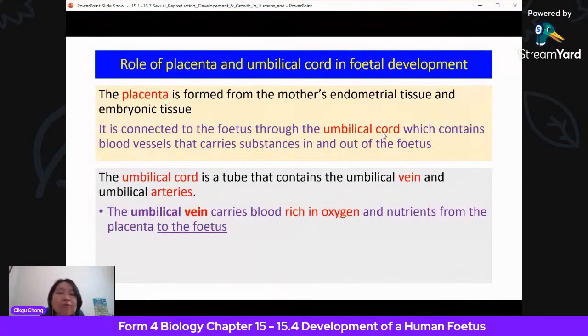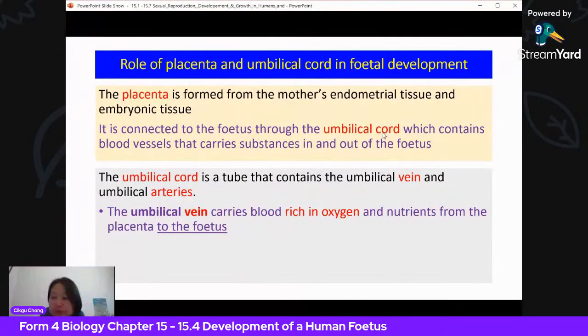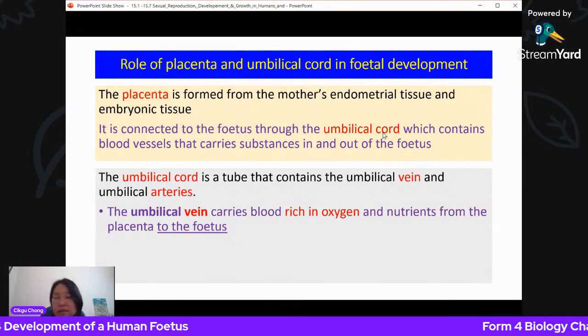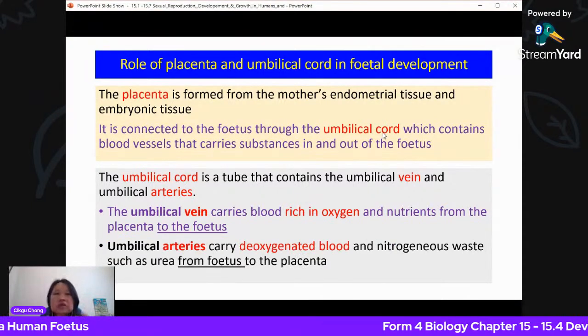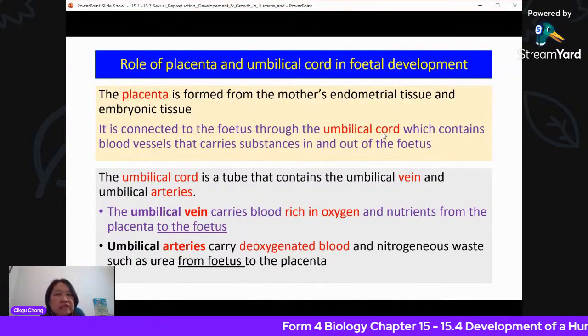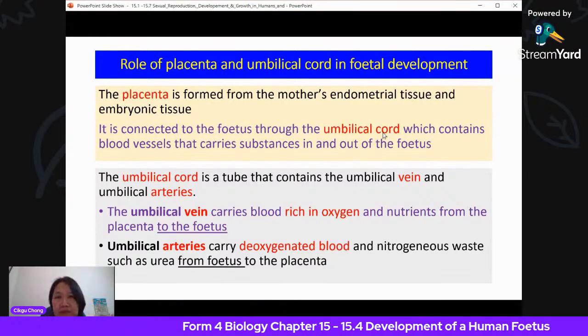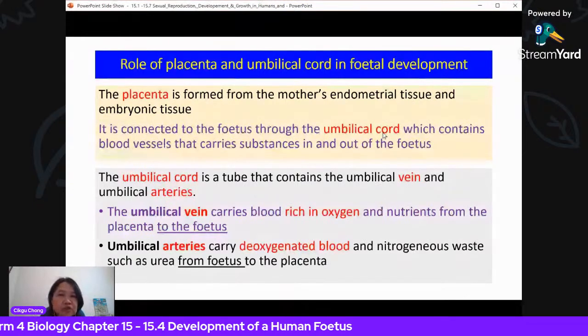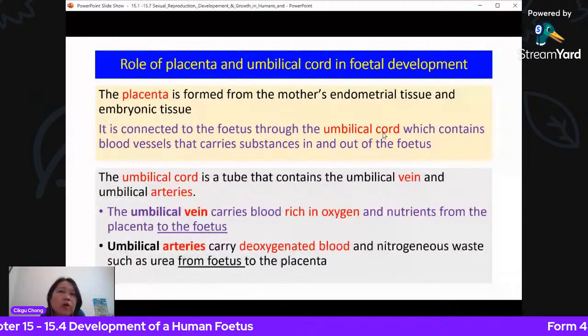Now, why? I'll make it a very simple way to remember. When you talk about umbilical vein or umbilical artery, you're talking about the blood vessel in relation to the baby, not to the mother. You're looking at the artery and the vein from the viewpoint of the baby.